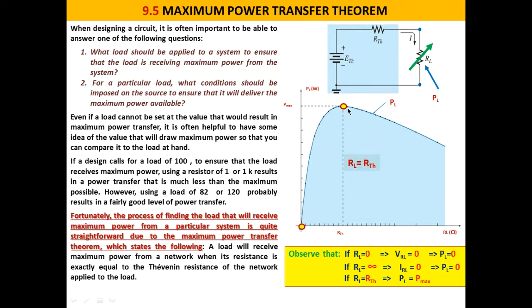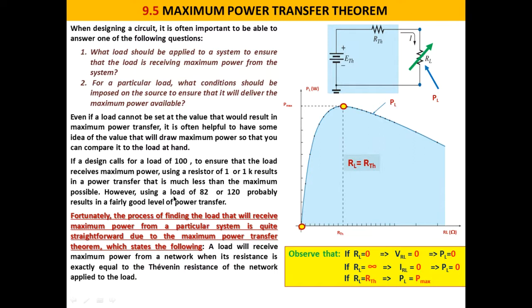The resistor that corresponds to maximum power is 100, but we did not connect 100. We connected only 1 ohm or 1 kilo ohm. So working here and working here doesn't give us maximum power transfer. It will give us power which is much less than the maximum power that can be transferred.